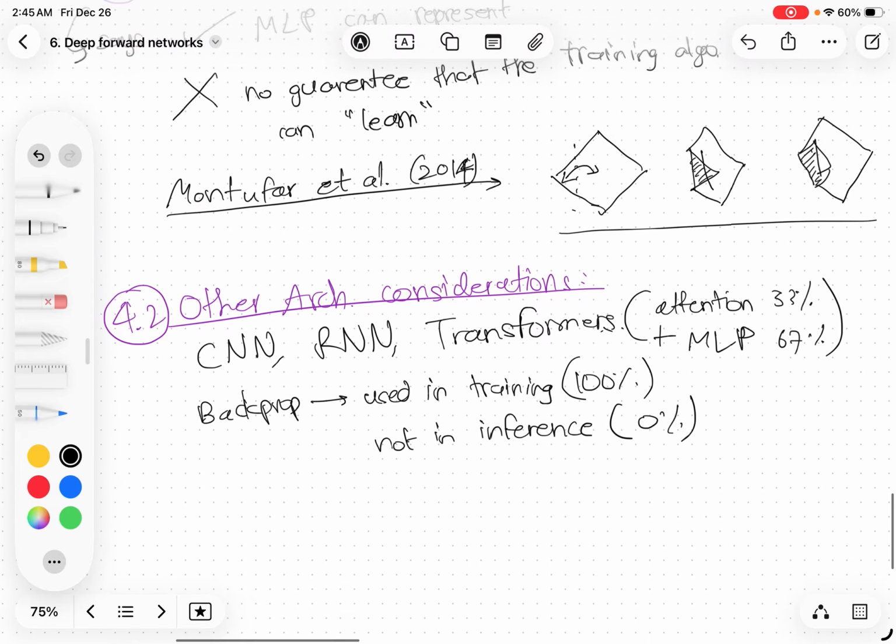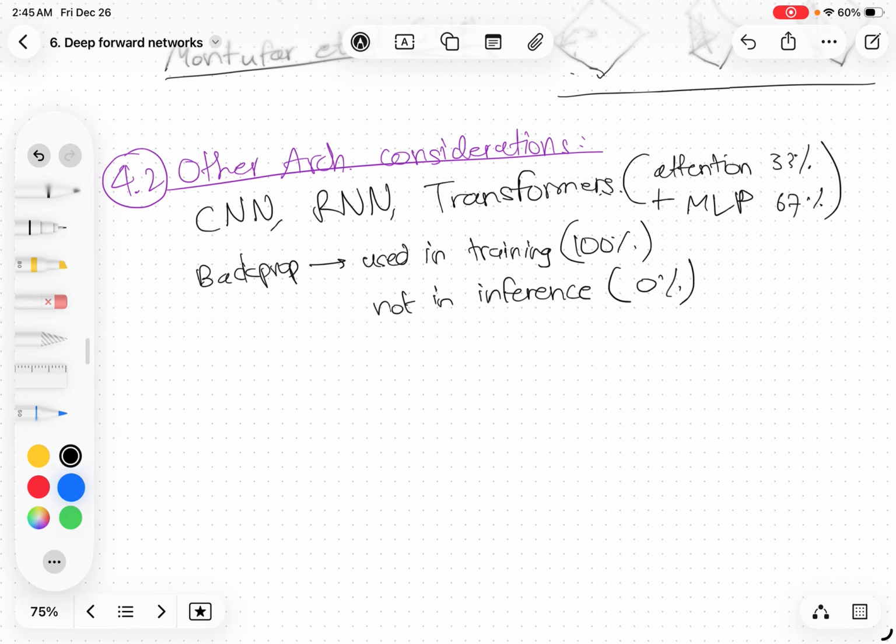So one important takeaway that we'll have here is that deeper models just seem to perform better. This is not merely because the model is larger.